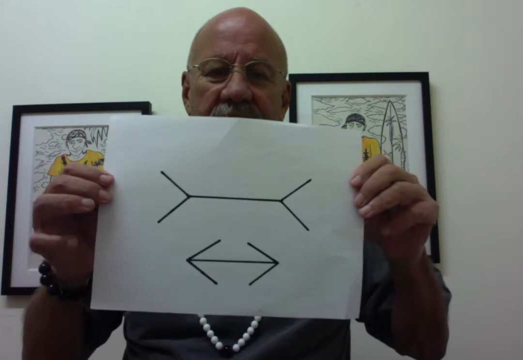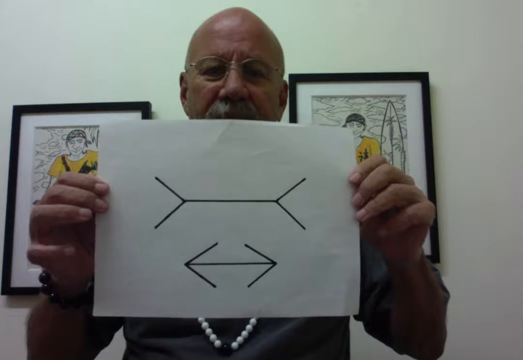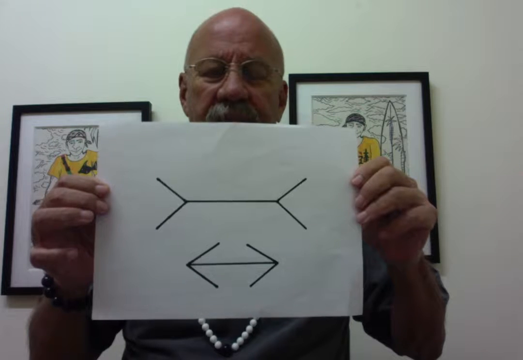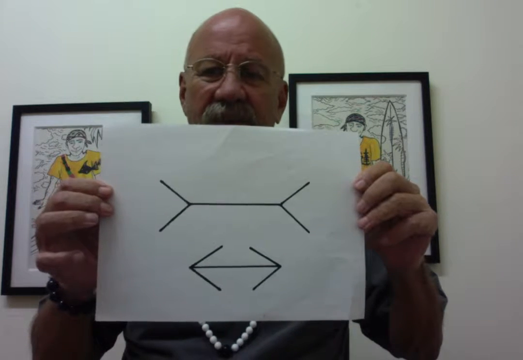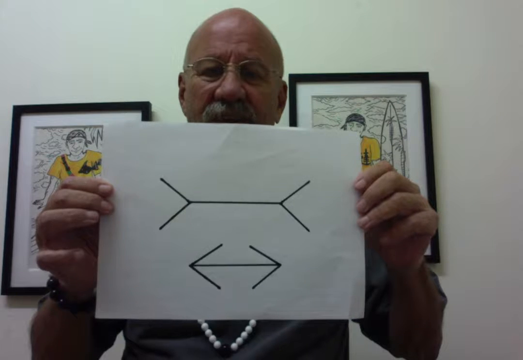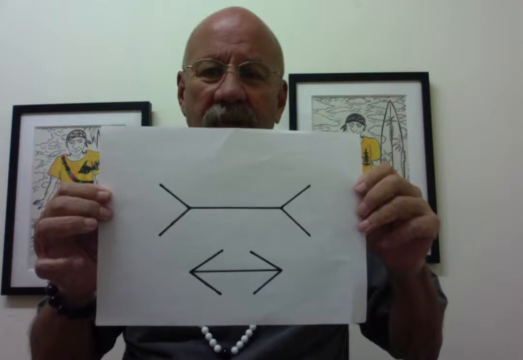I put together my first audio-visual presentation, which I'll share with you now. And this is an example of an illusion. Both horizontal lines are equal length.